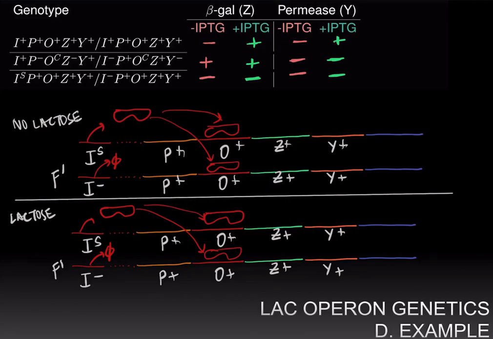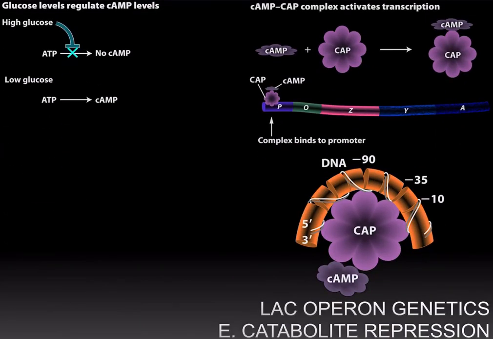So far, we have discussed how the Lac Operon is regulated by the amount or the availability of lactose in the cell.